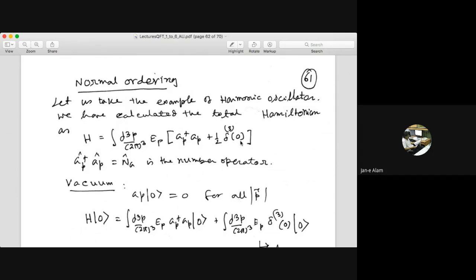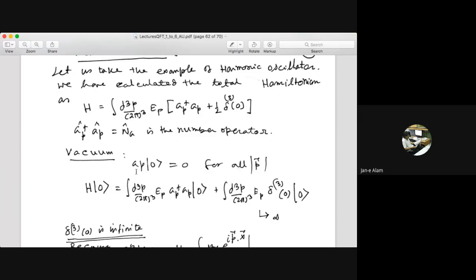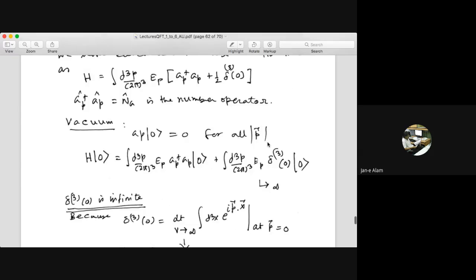This has originated from the commutator of the two operators AP and AP dagger: when both the annihilation and creation operators have the same momentum, you get a Dirac delta function. And you know, this is just simply the number operator, right? Now, we have defined the vacuum such that annihilation operators operating on the vacuum give you 0 for all p.